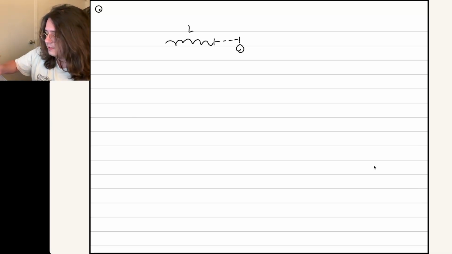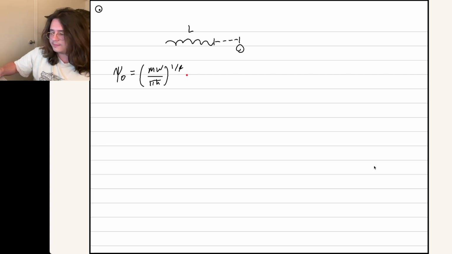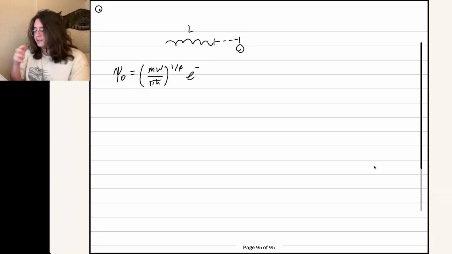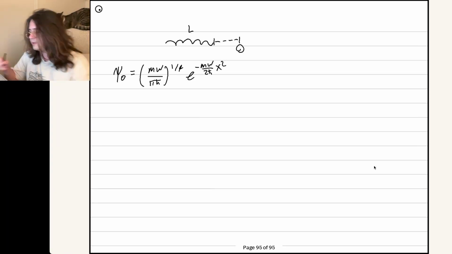If you look at the ground state wave function of the simple harmonic oscillator, you have (m omega over pi h bar) to the 1/4, times e to the minus m omega over 2 h bar x squared.